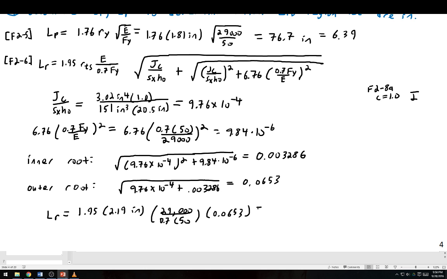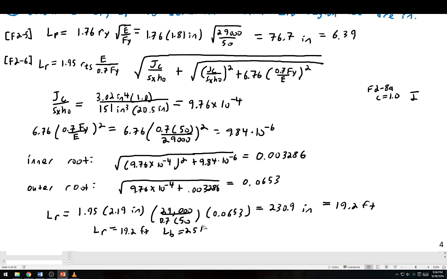And I get this comes to 230.9 inches, or 19.2 feet. So Lr is equal to 19.2 feet, but our Lb is equal to 25 feet.